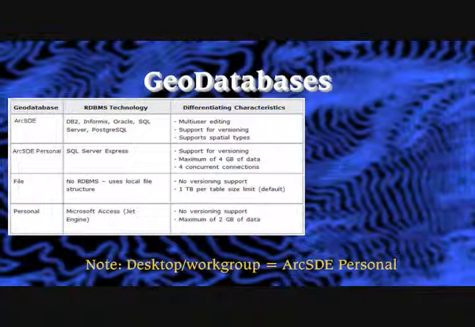There's a maximum of 4 gigabytes of data that can be stored in an ArcSDE Personal GeoDatabase, and there can be 4 concurrent connections. So there can be 4 people concurrently using that GeoDatabase, and I mean concurrently using the GeoDatabase at the exact same time.